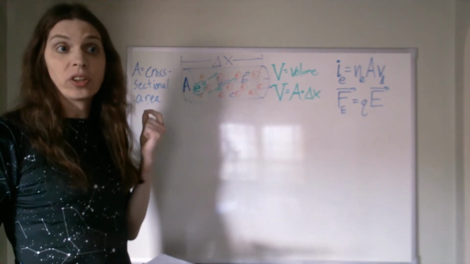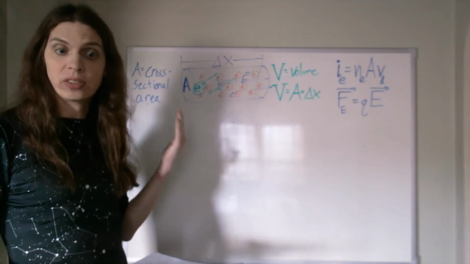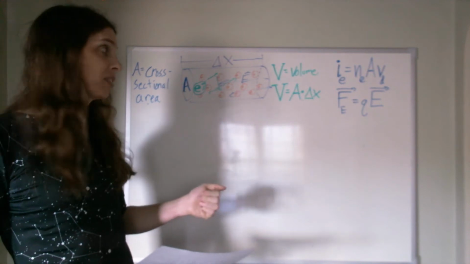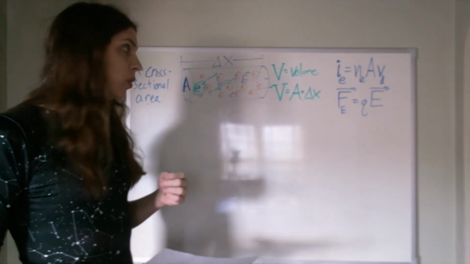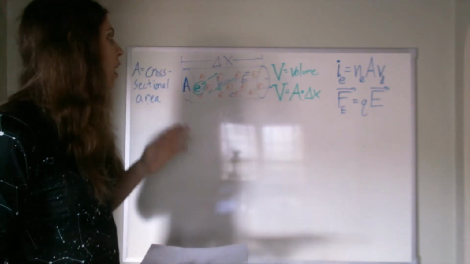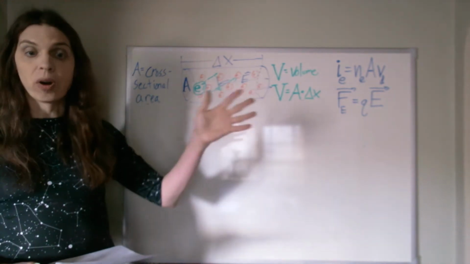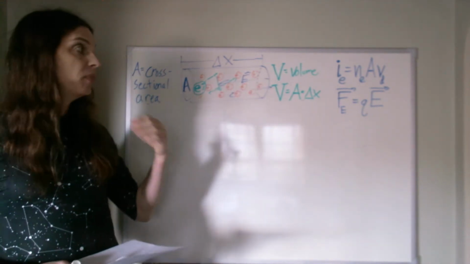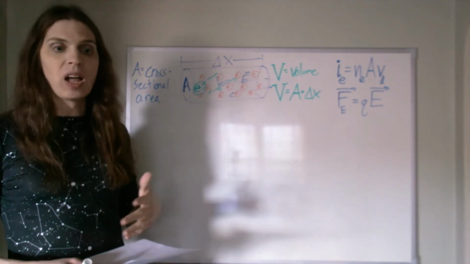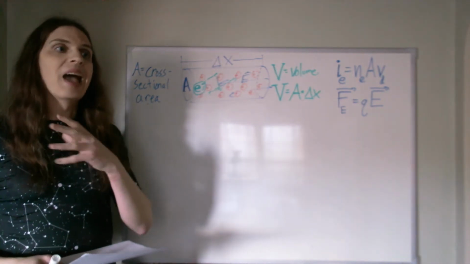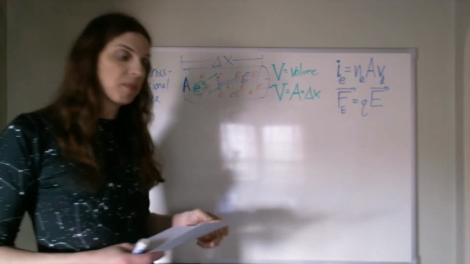Electron current is the number of electrons passing through a location divided by the time it takes for them to do that passing. It's the rate at which they pass that location with respect to time. And the number density of the electrons is how many of them are available to move per unit volume. And then the drift velocity is the average speed for those electrons through our conductor.